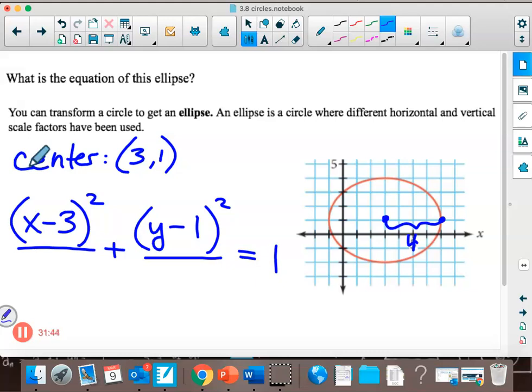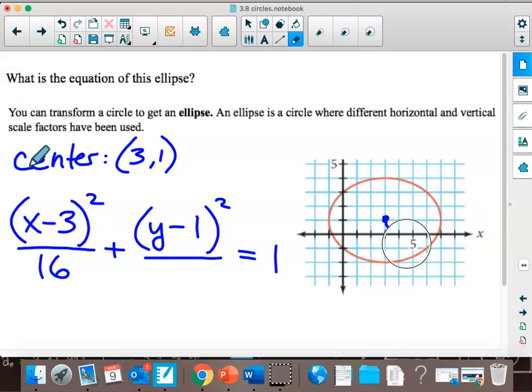Do I put a 4? Yes! Very good. We square it. Fantastic. You're almost done.